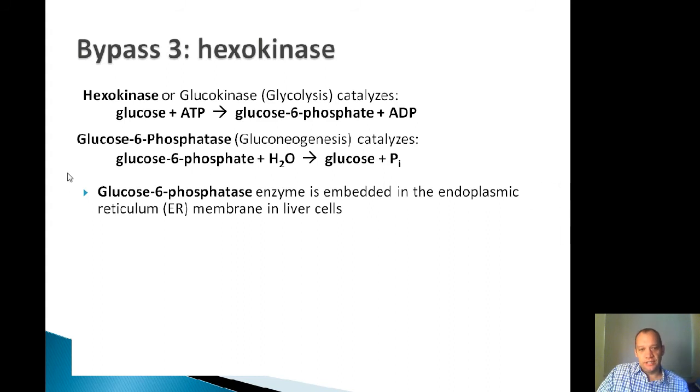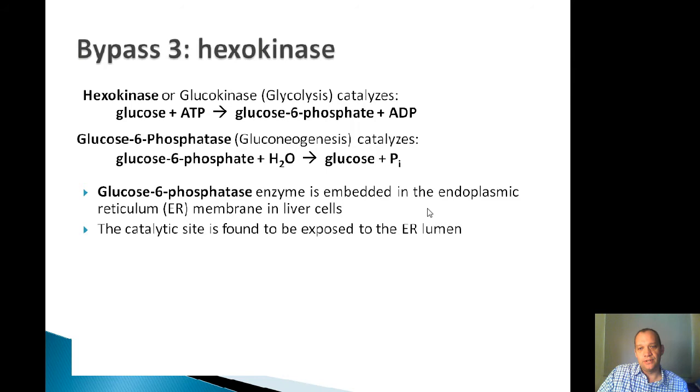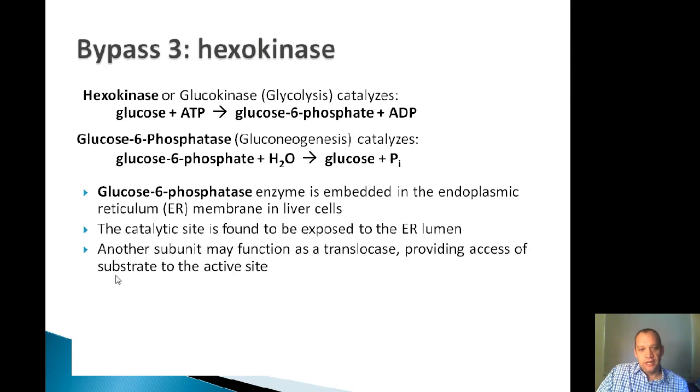The glucose 6-phosphatase enzyme is actually embedded in the endoplasmic reticulum of liver cells, and the catalytic site is exposed to the ER lumen. So another subunit may then actually function as a translocase, providing access of the substrate to the active site.